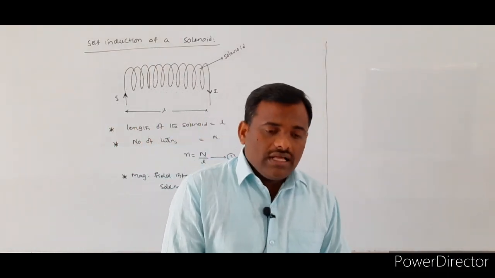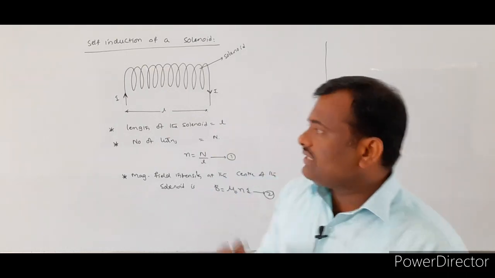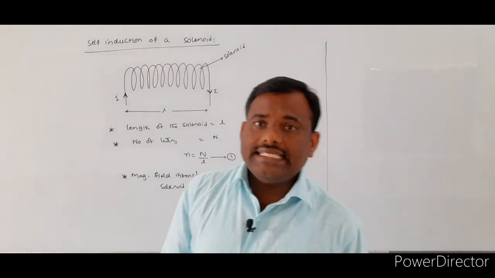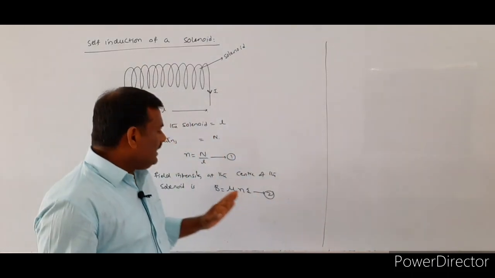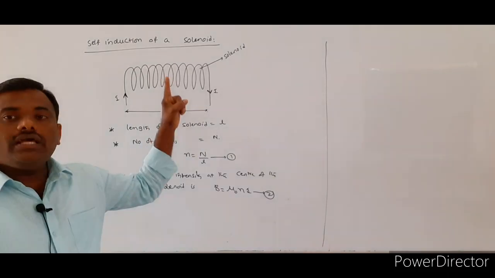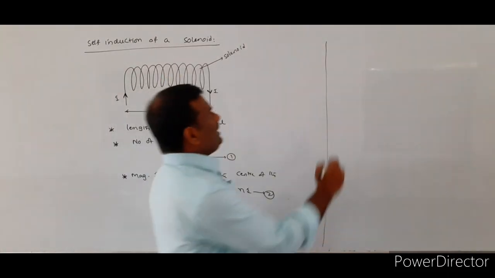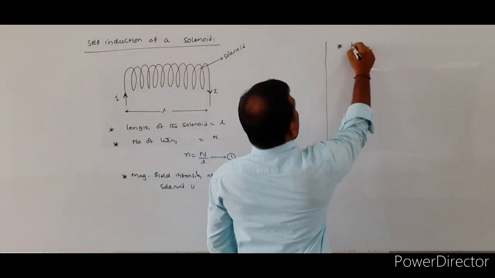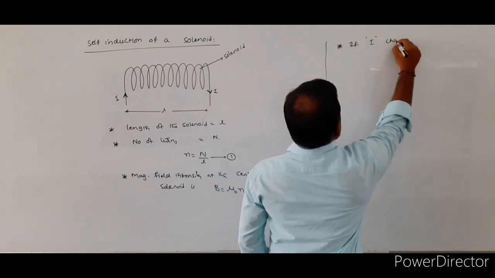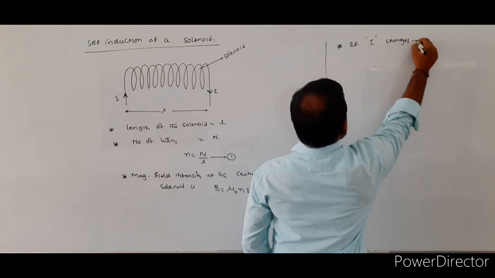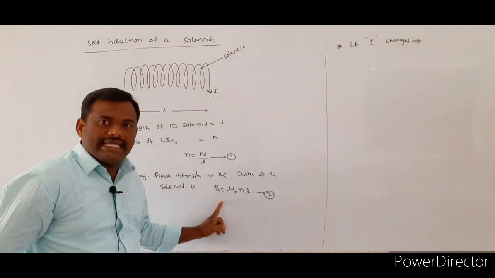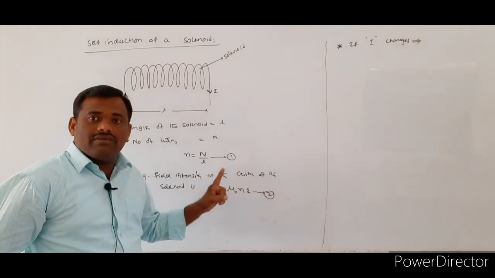Now, whenever a current is flowing through the given solenoid, as a result, a magnetic field will exist at the center of the solenoid. Now, I am assuming that the current value I changes. If the current value is constant, the magnetic field intensity will be constant.